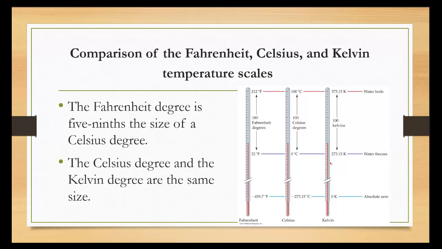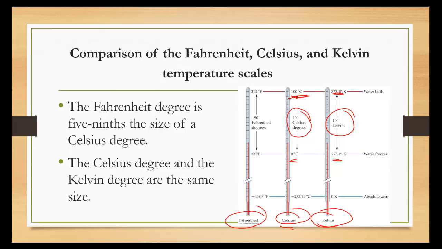So let's take a closer look at these three temperature scales. Here's Kelvin, Celsius, and Fahrenheit. If we look closer at Celsius and Kelvin, their temperature gradients are the same. There's a 100 degrees difference between 273, where water freezes, and 373, where water boils, and 0 degrees Celsius and 100 degrees Celsius.